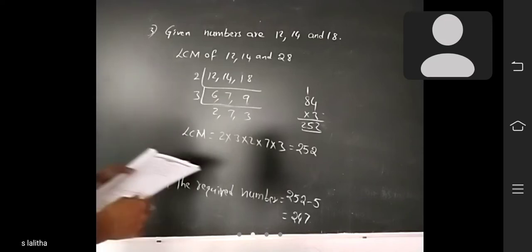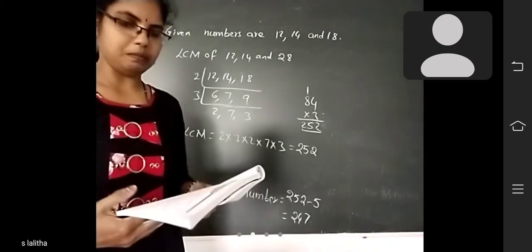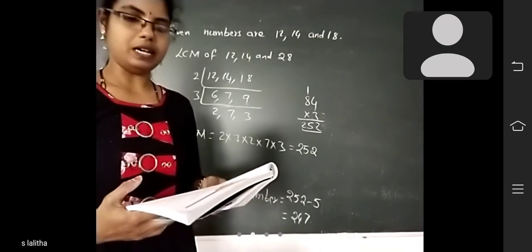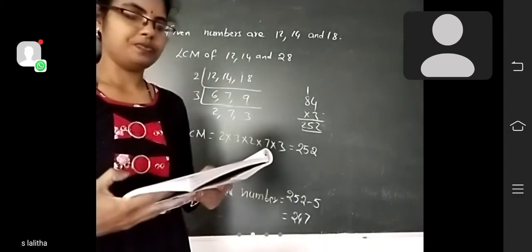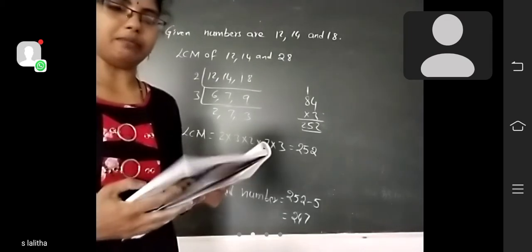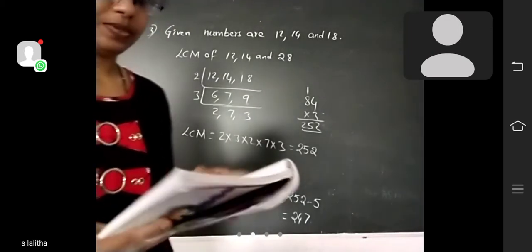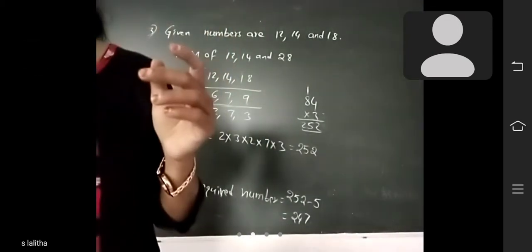Next, see the fourth question now. Find the greatest 3-digit number which when divided by 75, 45 and 60 leaves no remainder. Second one, the remainder 4 in each case. So you have to find the greatest 3-digit number.